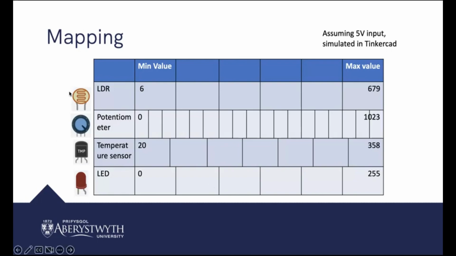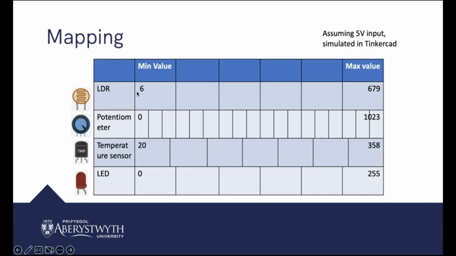So we've got the LDR, we've got the potentiometer. Some of you might have also had a play around with the temperature sensor. And as an output, we also have the LED, one of the various different outputs. And each of these, if we're reading from the sensors, have different ranges of values that they return.